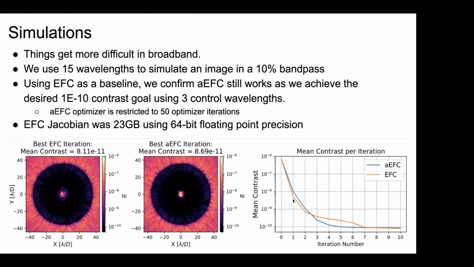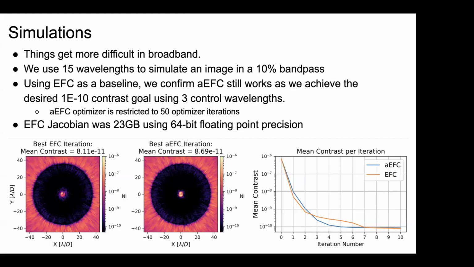Do you mean how many iterations of the optimizer are used? It's the average of the contrast in the entire dark hole. We define the contrast as the mean contrast within our desired dark hole region. It's not different trials. It's just one try. Yes.